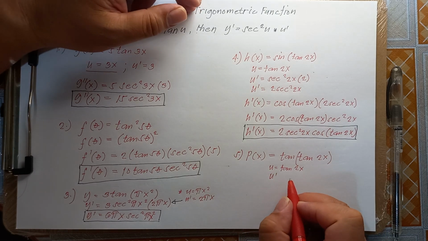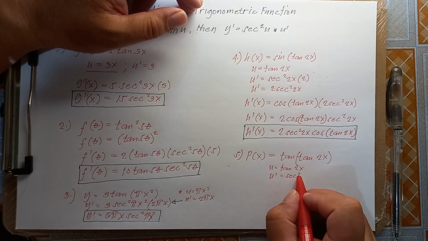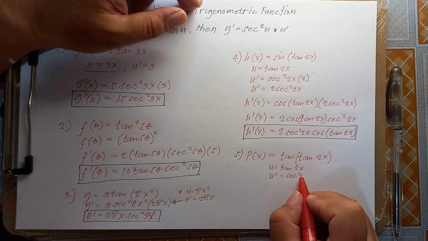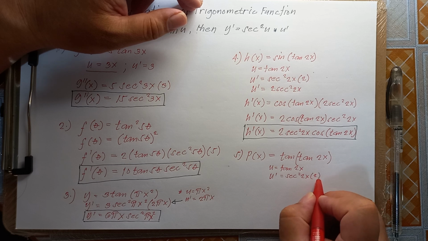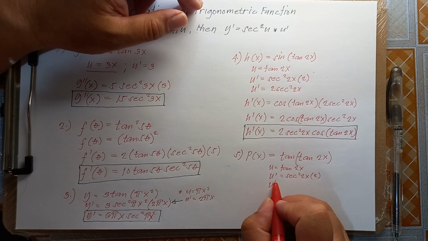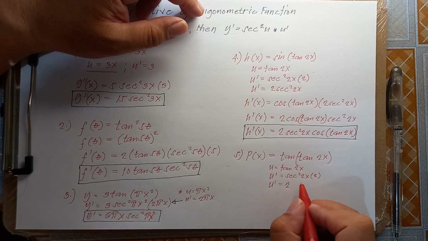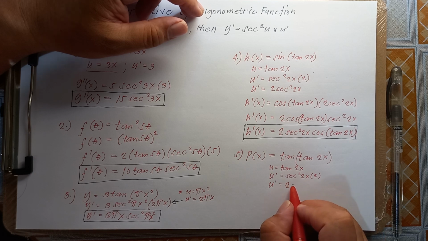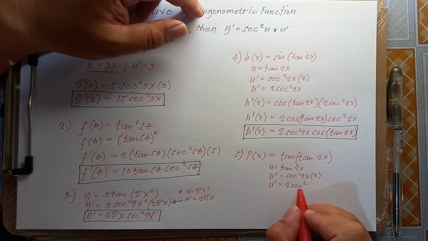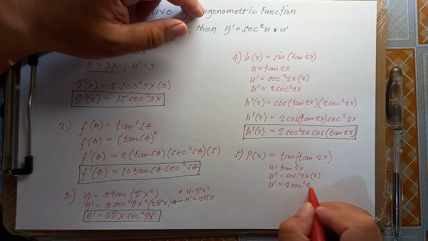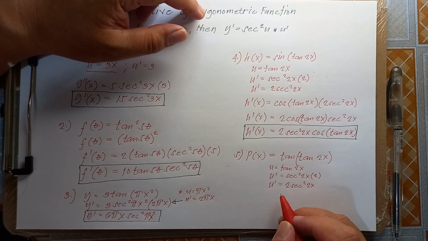The derivative u prime is secant squared 2x multiplied by the derivative of 2x, which is 2. So u prime is 2 secant squared 2x.